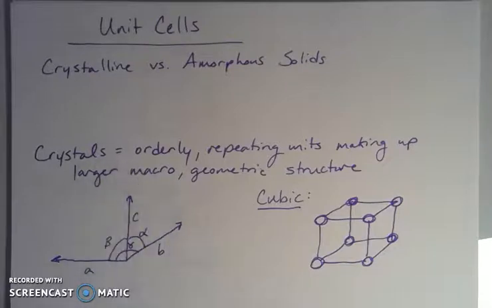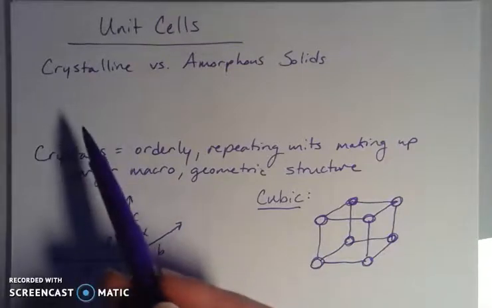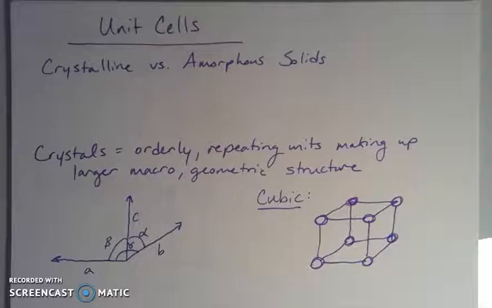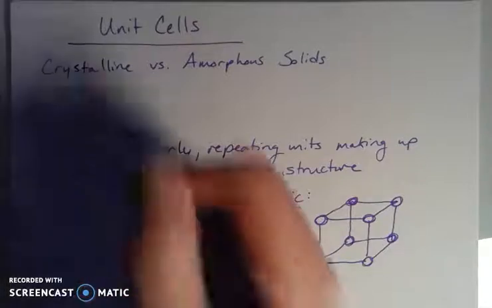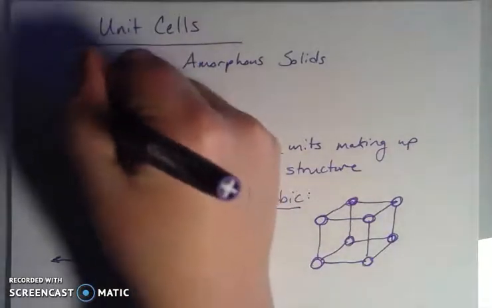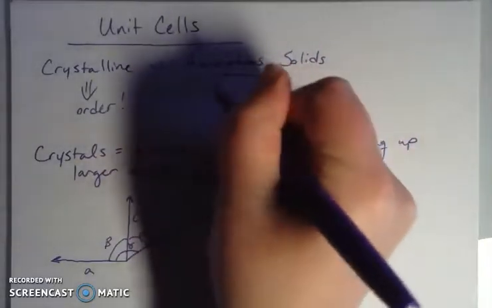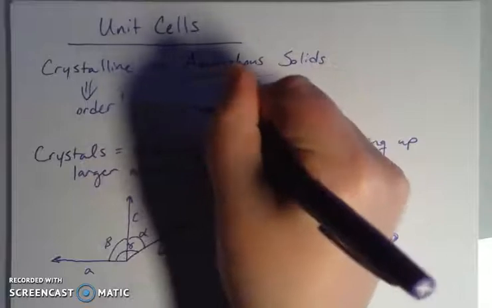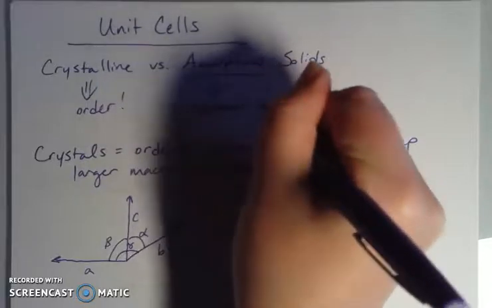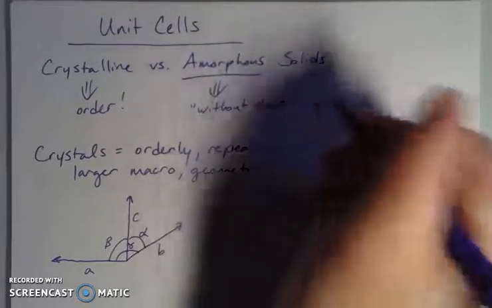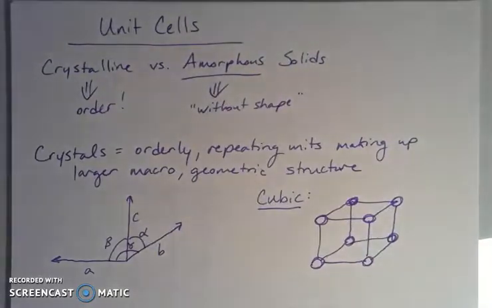So crystalline solids have this regular repeating order. It's implied in the crystal part of it that there's some sort of order to it. And amorphous literally means without shape. So an amorphous solid would be something that doesn't have regular repeating order to it.